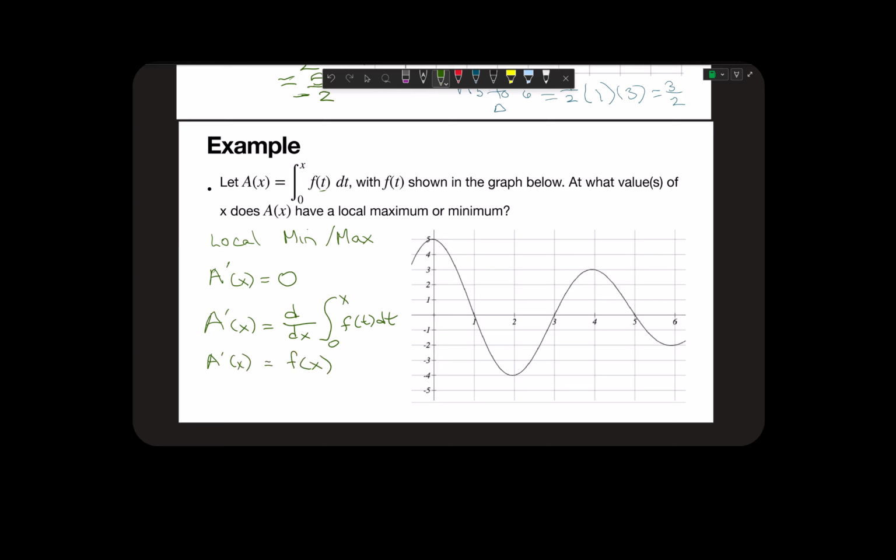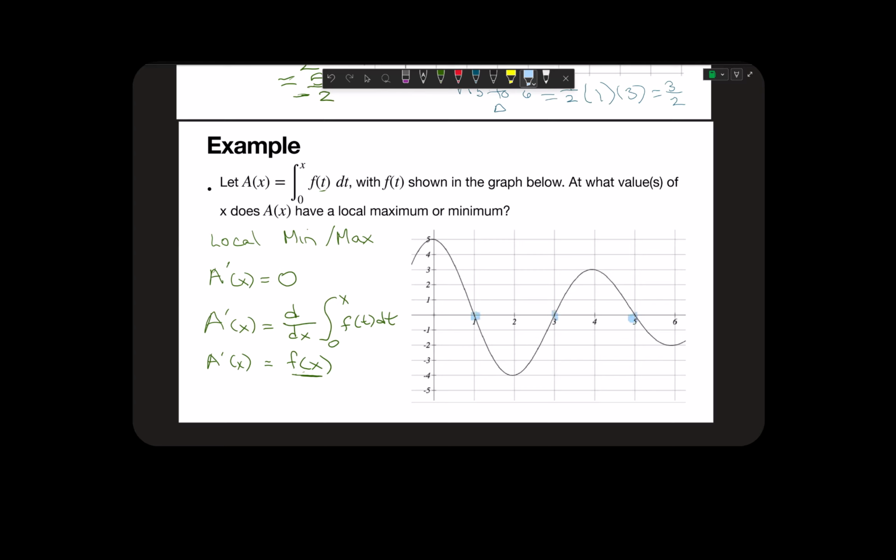So if I want to know where this function has minimums or maximums, it's when the derivative equals 0. And this is a graph of the derivative. So the derivative equals 0 here, here, and here.